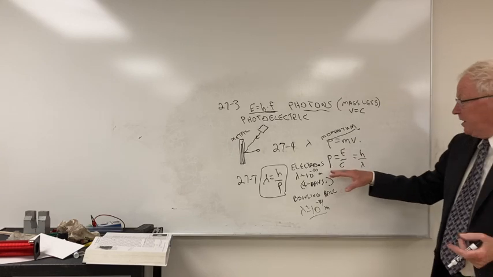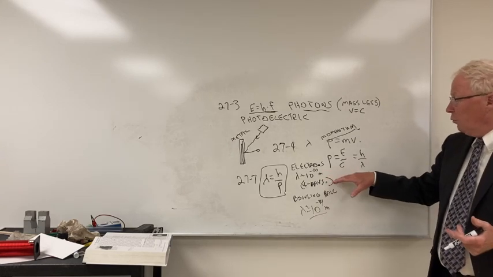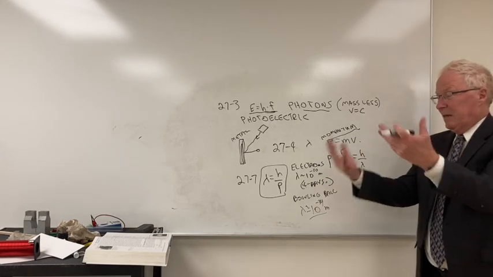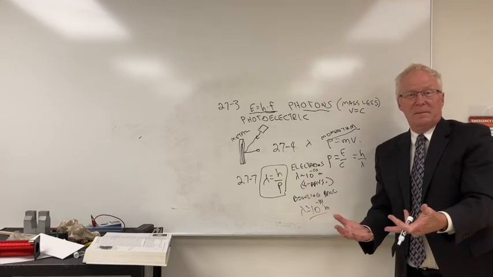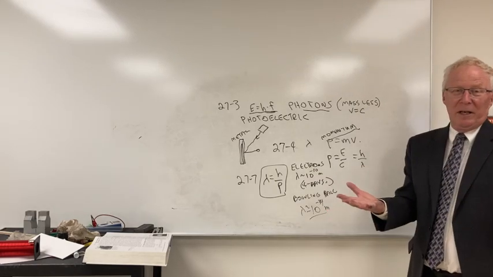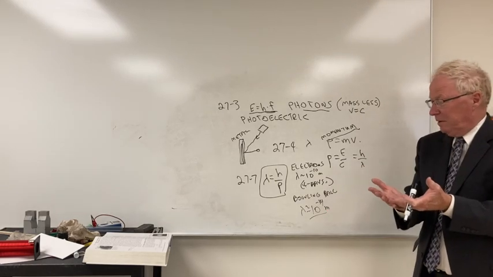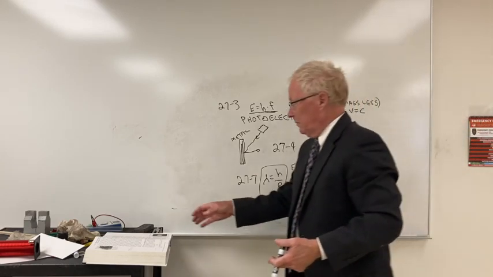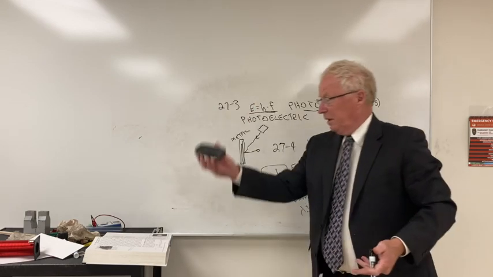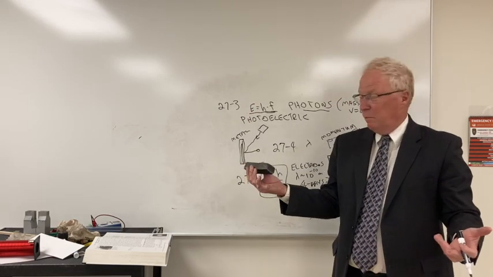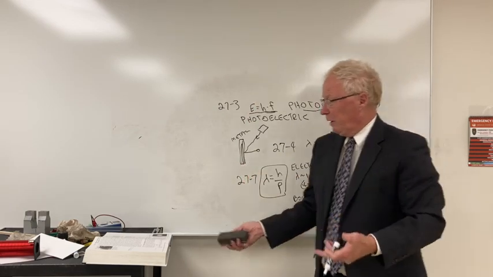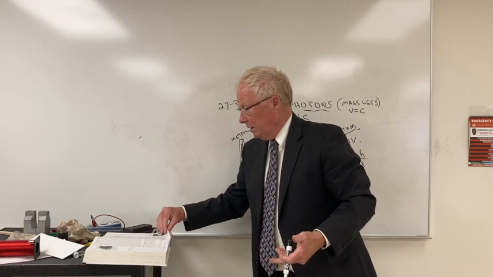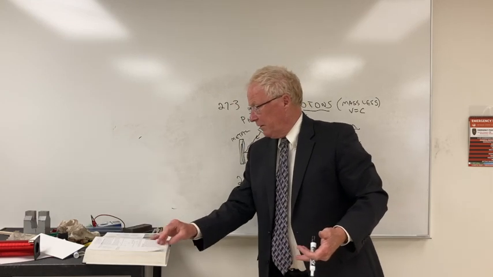So when you get to very tiny particles, wavelength is on the same size as the atom. So that's how we end up with electron microscopes, electron diffraction, and things like that. But for classical particles, like, throw this thing, it has a wavelength with this momentum, but it's so incredibly small, it's immeasurable. So that's part of 27.7.